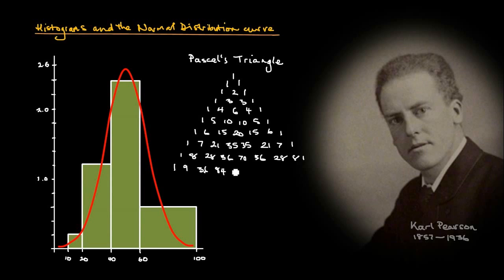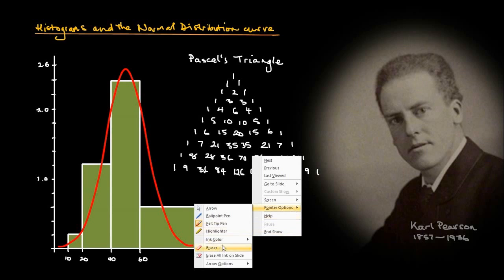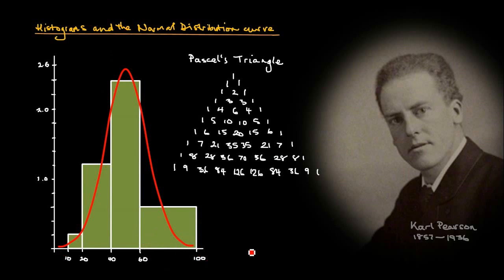Okay. After a while, you get used to the numbers. So now we've got 126, and in fact we've got 126 twice. Then we've got 84, 36, 9 and 1, and that completes the 10th row of Pascal's triangle. Well, how did that then get used to draw this normal distribution curve here?